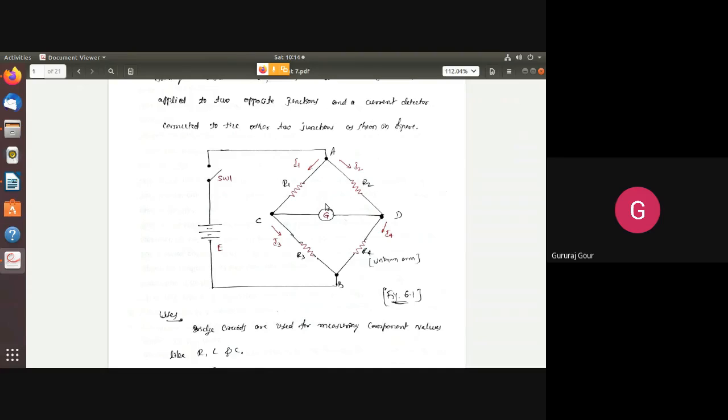That is indicating the balanced condition of the bridge. So this will be ensured before SW1 is closed. The moment you close the switch SW1, the current from E is divided into I1 and I2 at node A. Similarly, I3 and I4 are the currents flowing through resistive arms R3 and R4.